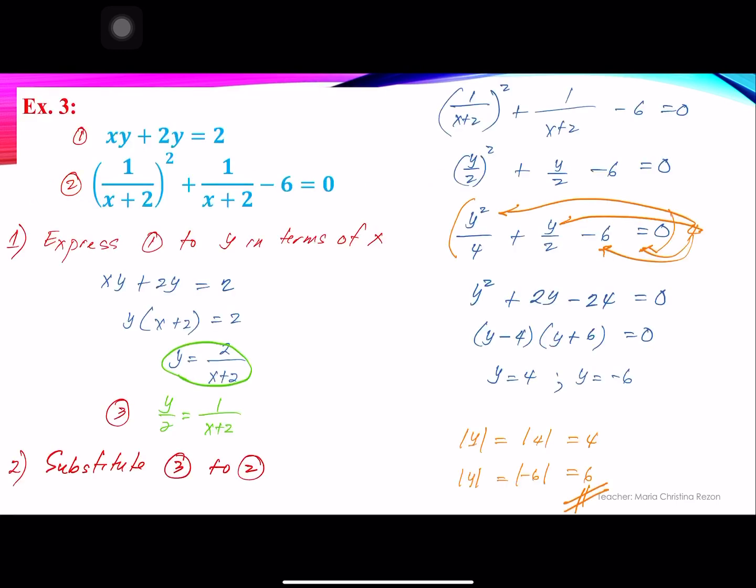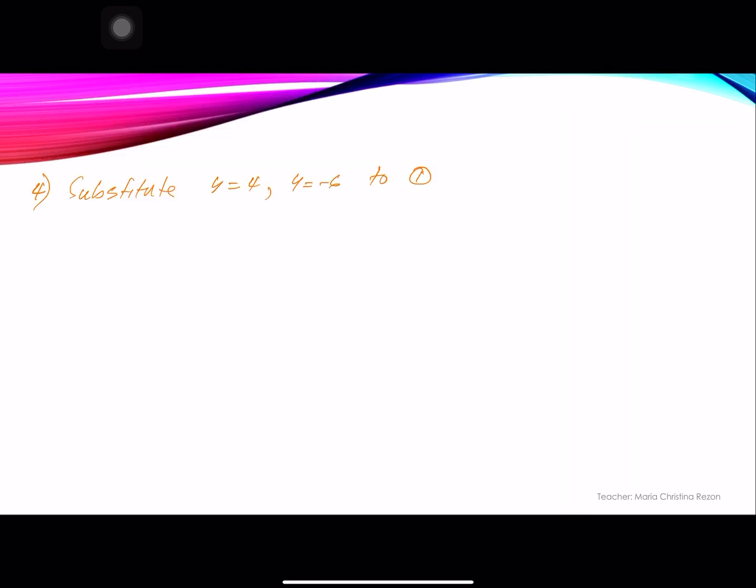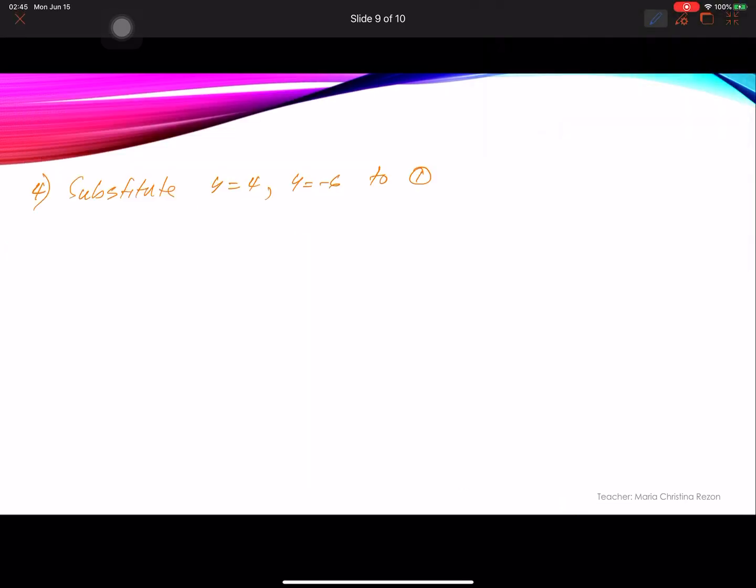So the fourth step here, to continue, substitute y is equal to 4 and y is equal to negative 6 to equation 1. So our equation 1 is xy plus 2y equals 2.